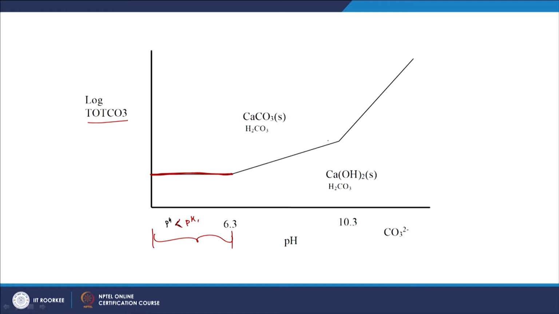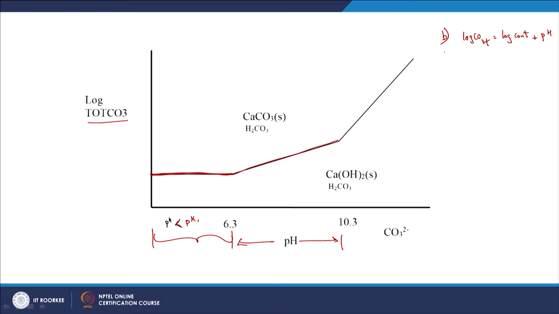And for the second case, you saw that we had a particular additional term, as in for log CO3 total we had something like log of some constant plus pH, and that was the case when pH was between 6.3 and 10.3. So that is why you see this particular increase in the slope when the pH is between 6.3 and 10.3.